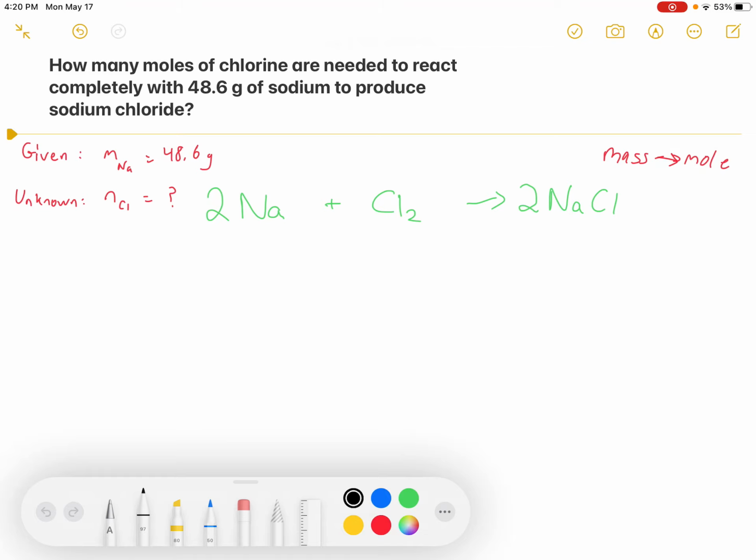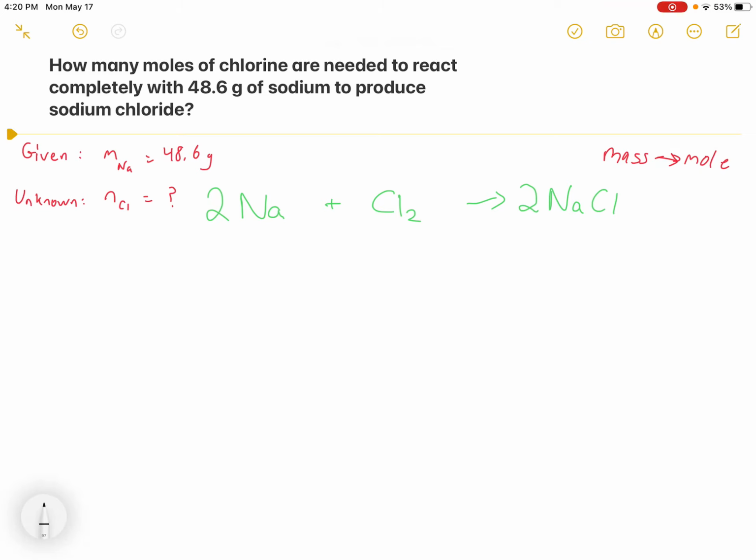So our first step is going to be actually to determine the moles of sodium. We know that there's 48.6 grams of sodium in the reaction, and looking to the periodic table, we know that the molar mass of sodium will be about 22.98977 grams per mole.